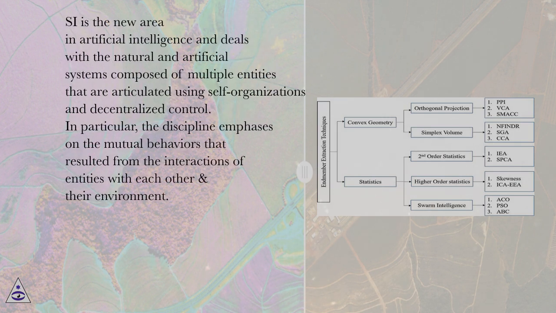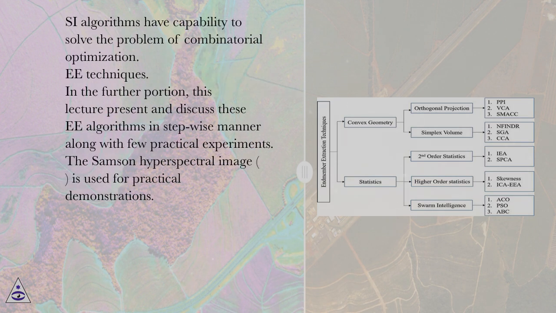SI is a new area in artificial intelligence and deals with natural and artificial systems composed of multiple entities that are coordinated using self-organization and decentralized control. In particular, the discipline emphasizes the mutual behaviors that result from the interactions of entities with each other and their environment. SI algorithms have the capability to solve combinatorial optimization problems.